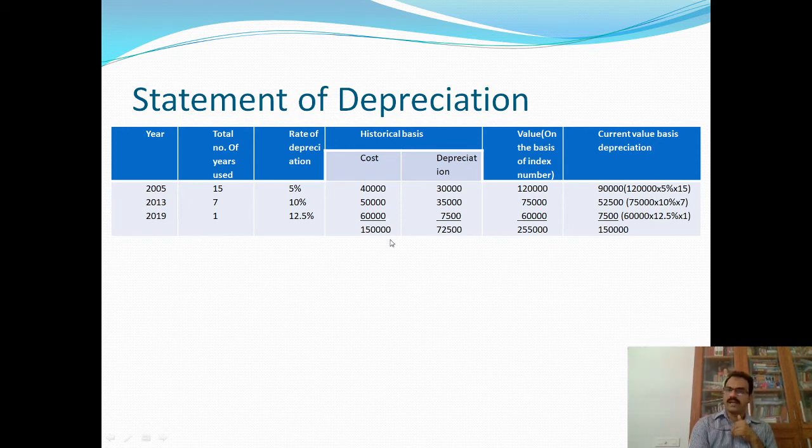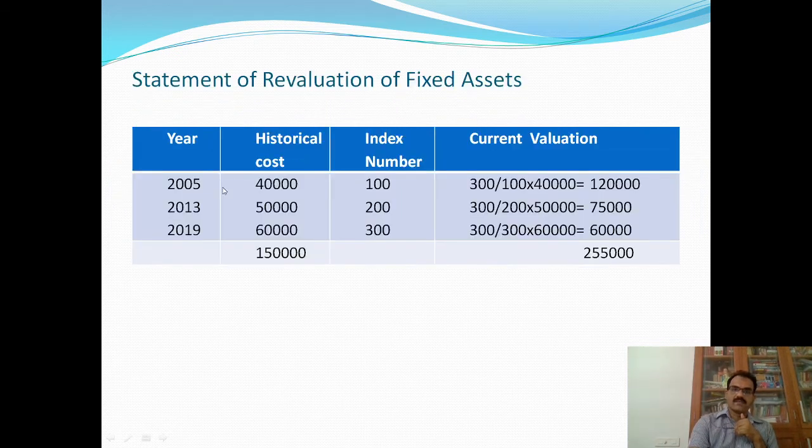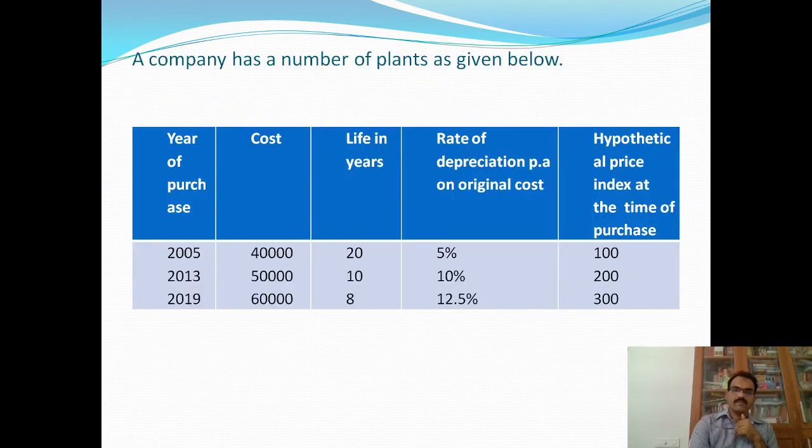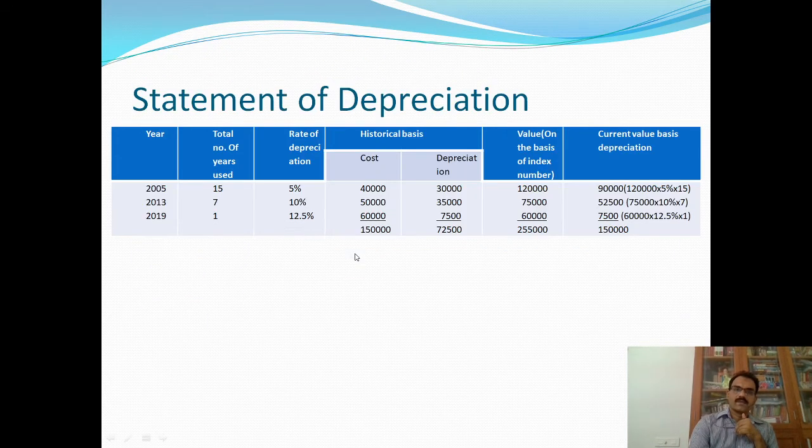Total will be 1,50,000. Now the total depreciation based on historical cost basis. Here 40,000 is the cost of the asset, and the life of the asset is 20 years.